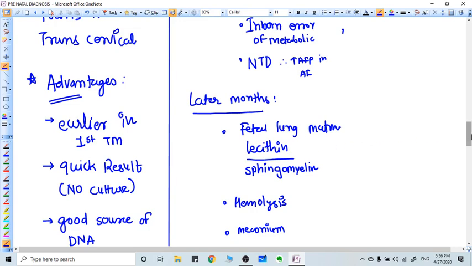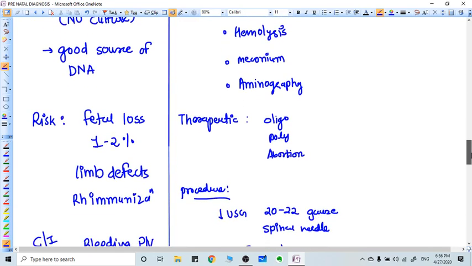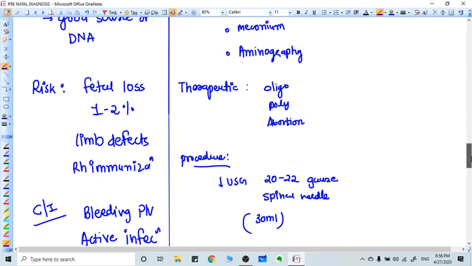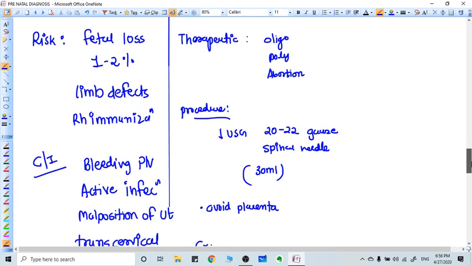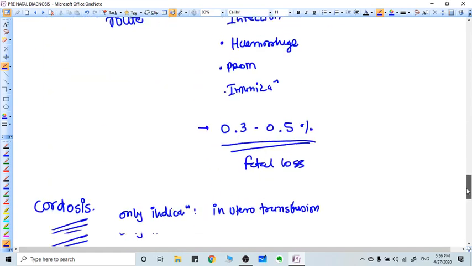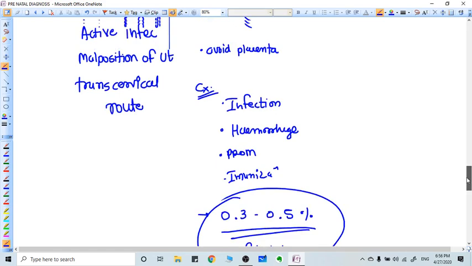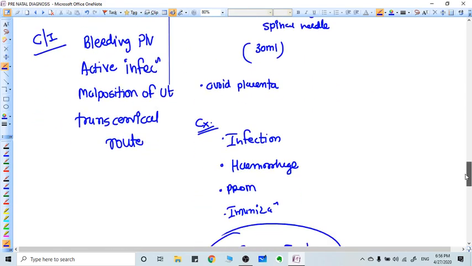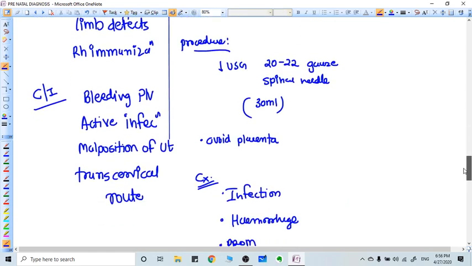Now, there is a very important thing: the risk of fetal loss is obviously more in CVS, that is 1 to 2%, and it is actually very less, 0.3 to 0.5%, in amniocentesis. So safety wise, amniocentesis is very good.